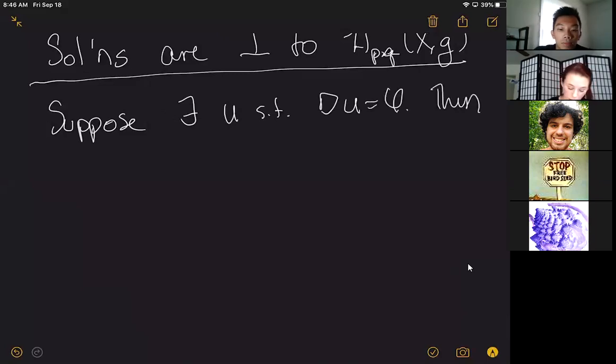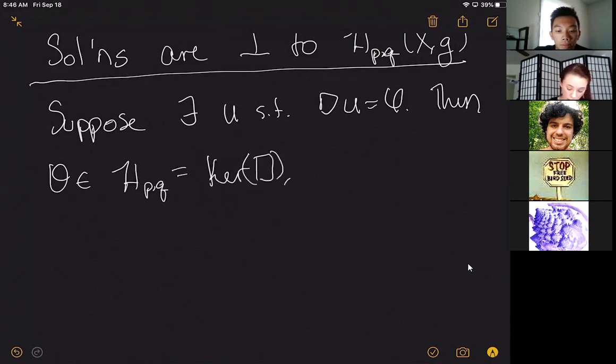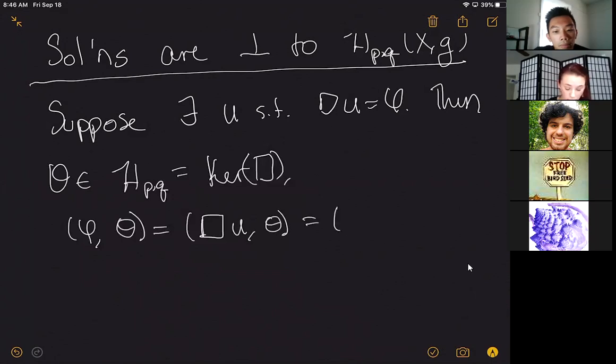Then if theta is harmonic, which means that it's in the kernel of box, we have that the inner product of phi with theta is equal to the inner product of box U with theta, which by the self-adjointness property is equal to U box theta, which is equal to 0.